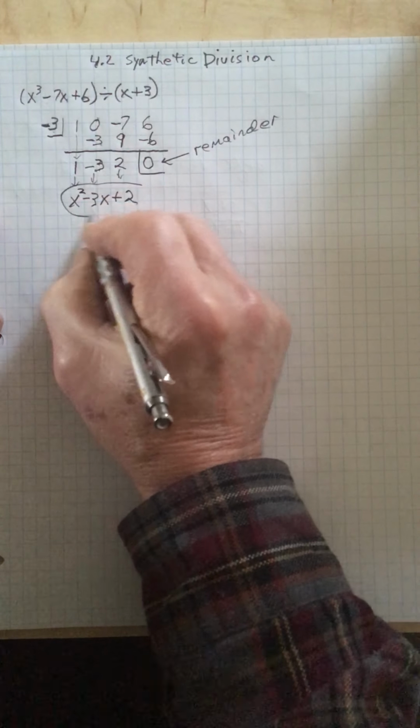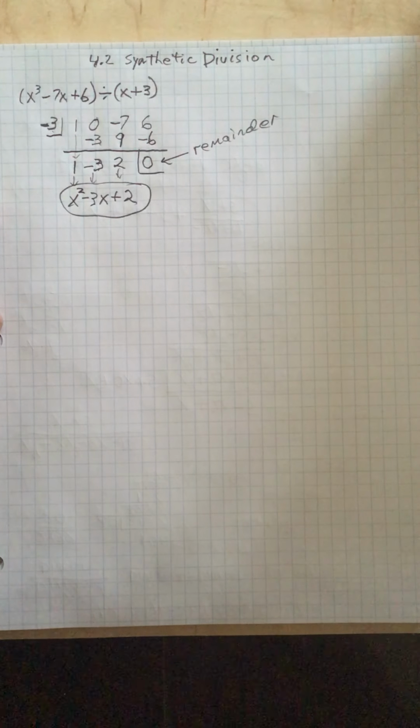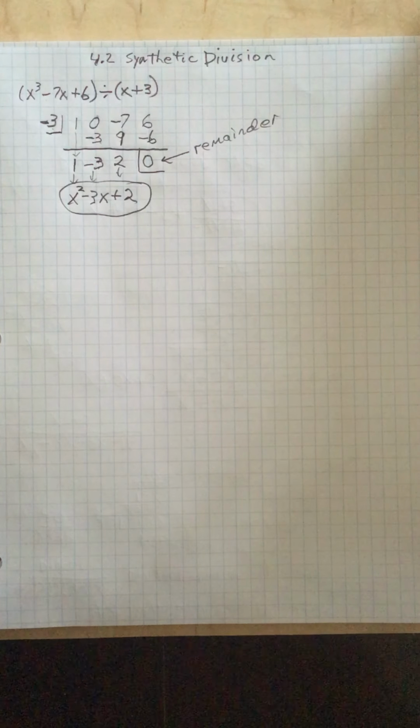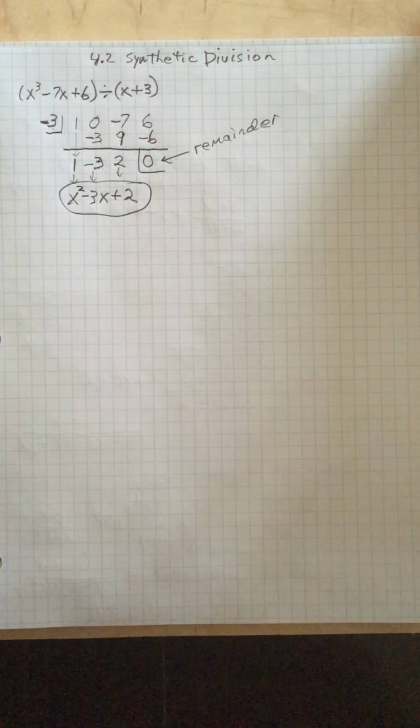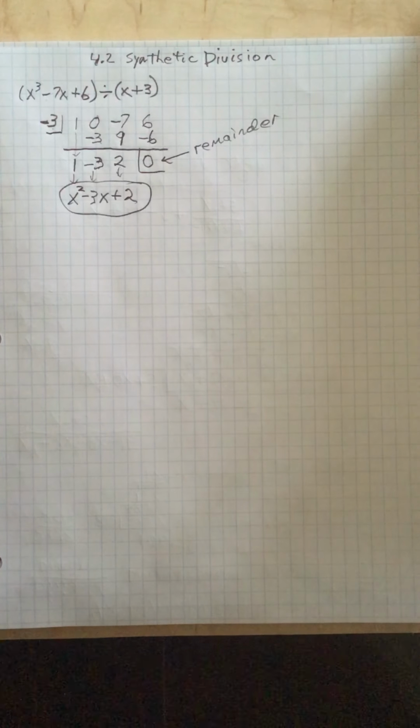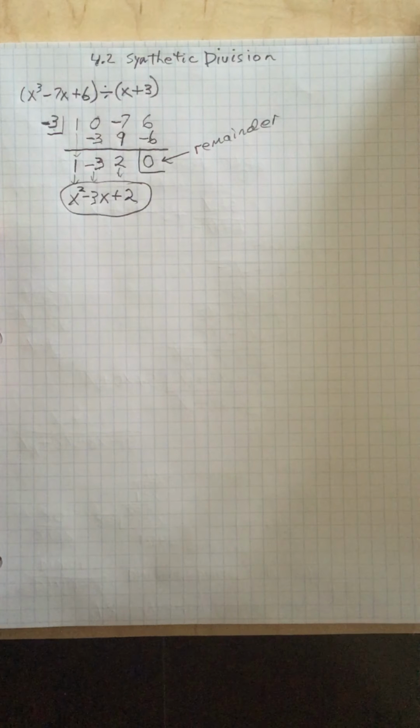So that would be your answer. Very easy to get. A couple things to note. Number one, the remainder was 0. What does that mean? That means that x plus 3 is a factor. It would factor out evenly. And it also means then that minus 3 is actually a root of this equation.